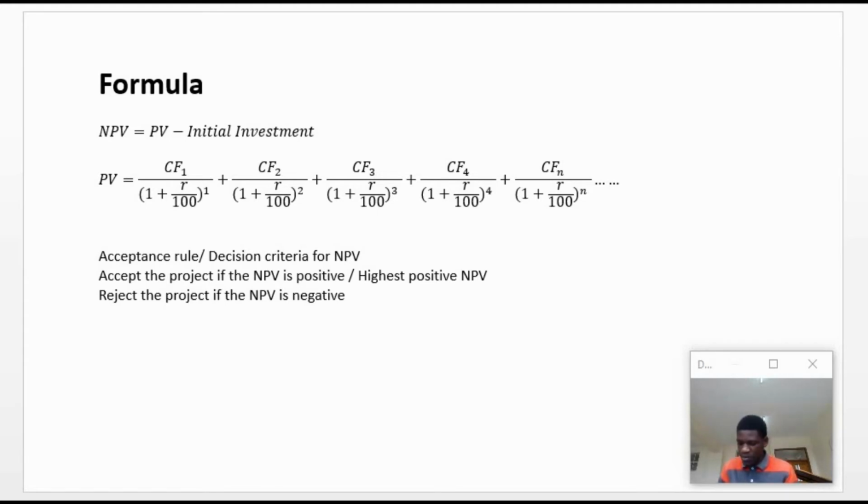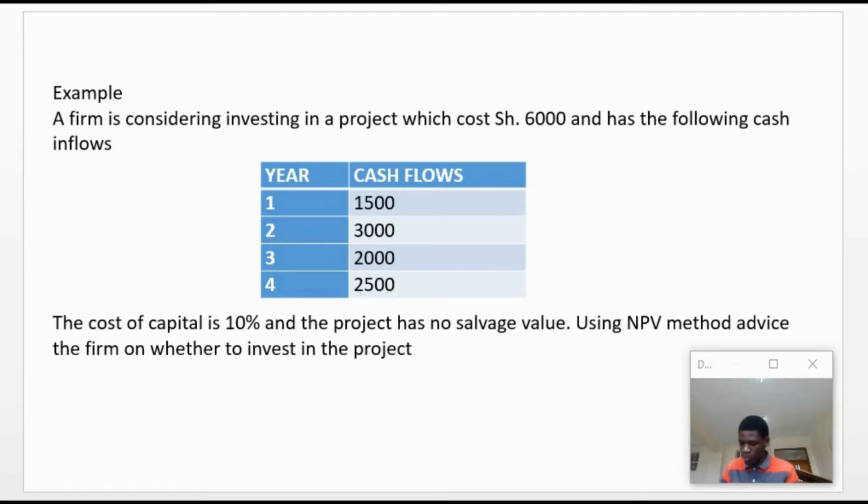Let us use the following example to help us understand much about the net present value. A firm is considering investing in a project which costs 6,000 shillings and has the following cash inflows. Cash inflow of year 1 is 1,500. The cash inflow of year 2 is 3,000.